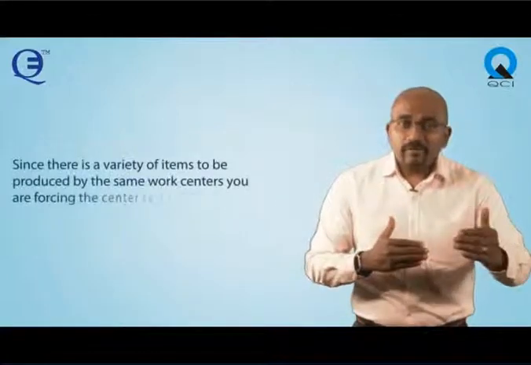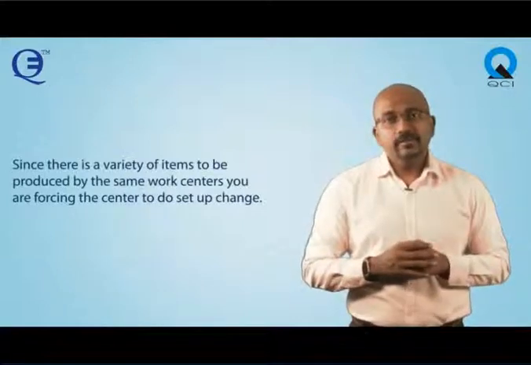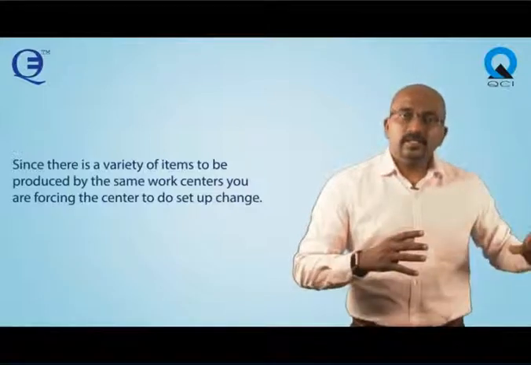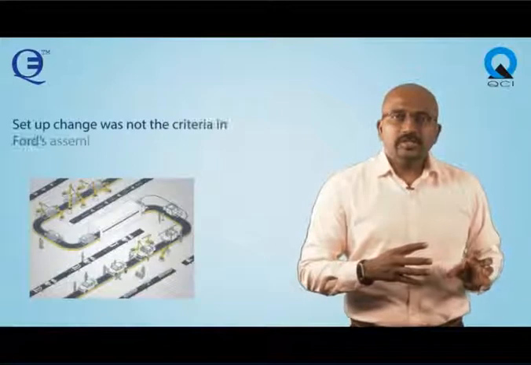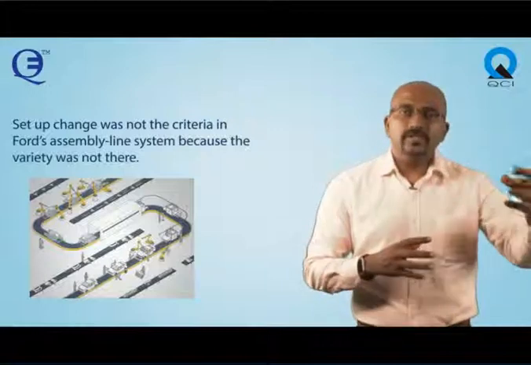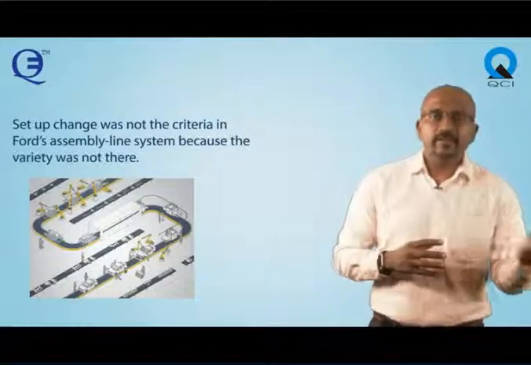Mind you, since there is a variety of items to be produced by the same work center, you are forcing the center to do setup change. Setup change was not the criteria in Ford's assembly line system because the variety was not there.